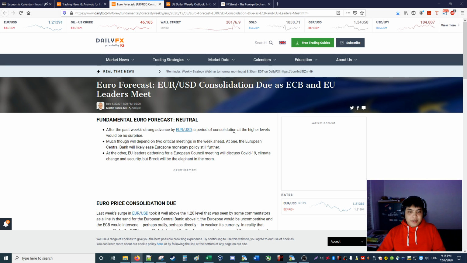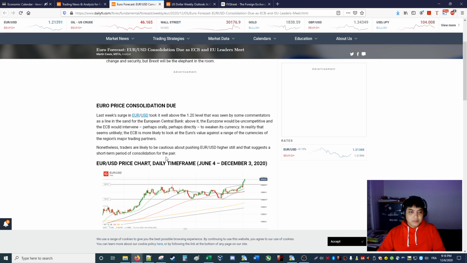a period of consolidation at the high levels, be no surprise. So nonetheless, traders are likely to be cautious about pushing Euro USD higher still.